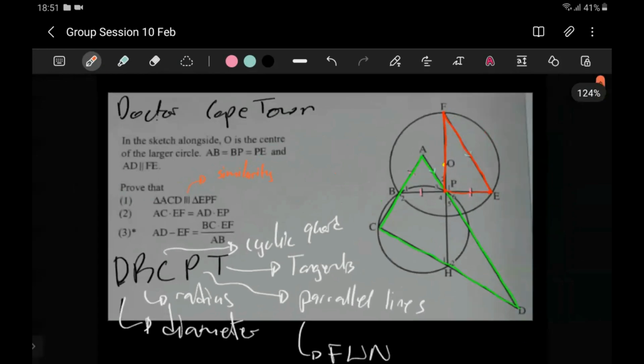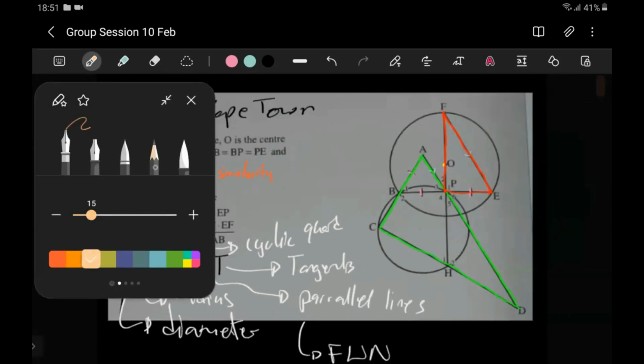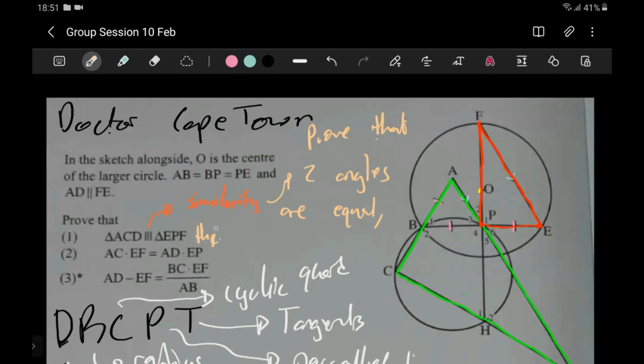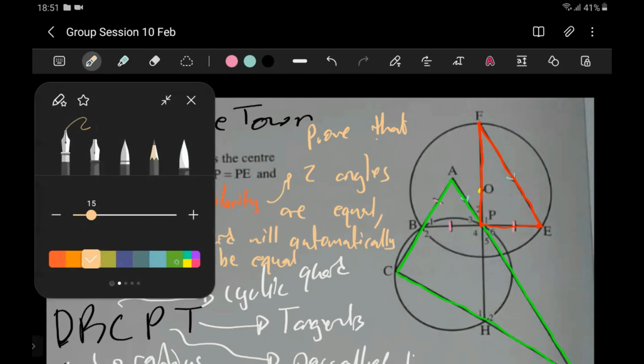Now, the good news is if you're ever going to prove similarity, all you need to do is prove that two angles are equal, and then the third will automatically be equal. This is almost to make your life easier, because with similarity you need to prove that three angles are equal.